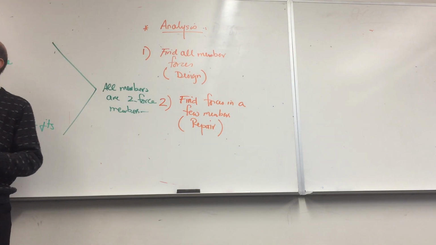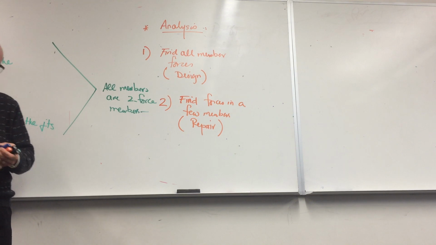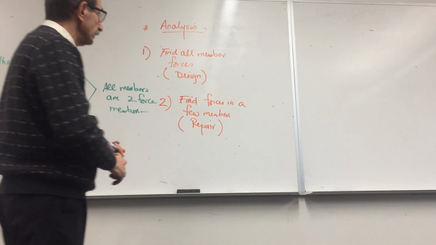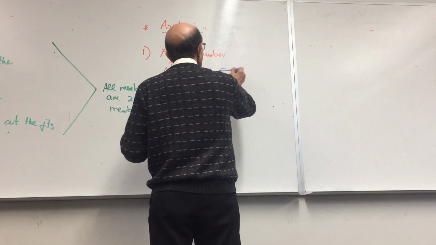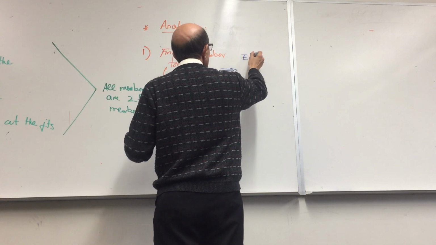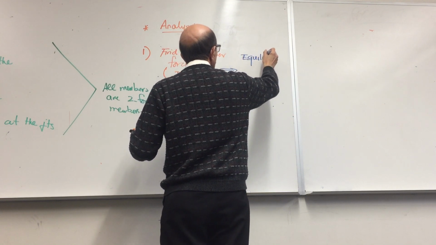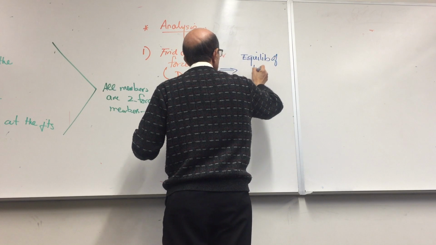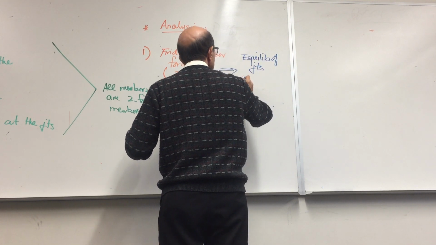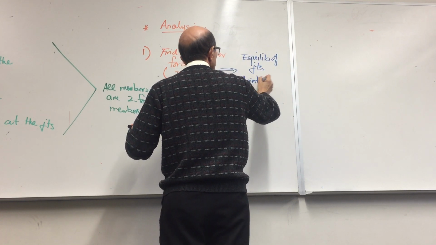So in each of these cases, we use a different method, and that's why we teach these two different methods. In this case, we use equilibrium of joints, or we call this the joint method.